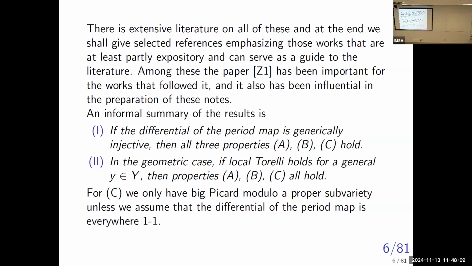It's log general type, the holomorphic one forms are also of log general type, and it's hyperbolic. So what that's saying is that if you have a variety that parameterizes a family of Hodge structures in a generically non-trivial way, then you have these strong properties of the canonical bundle, the cotangent bundle, and hyperbolicity.